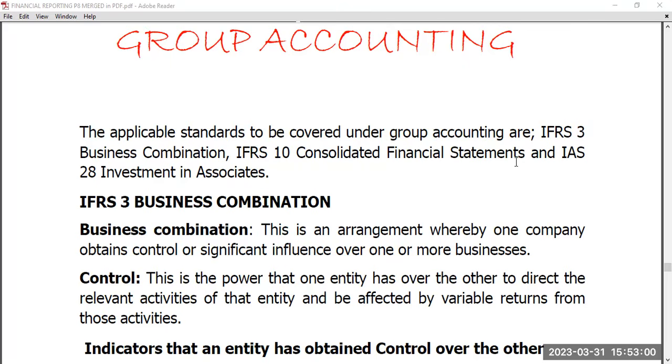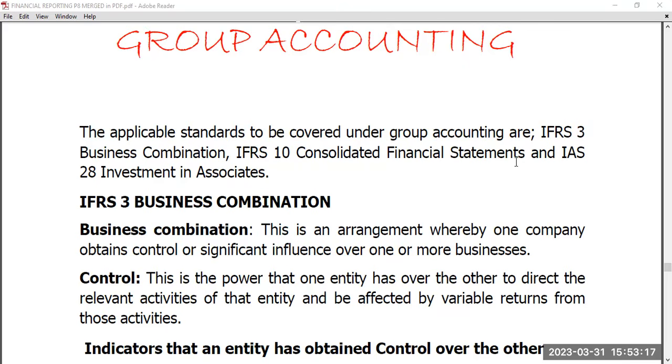The other aspect is the applicable standards. We said we are going to be looking at IFRS 3, that is business combination. We look at IFRS 10, consolidated financial statements.